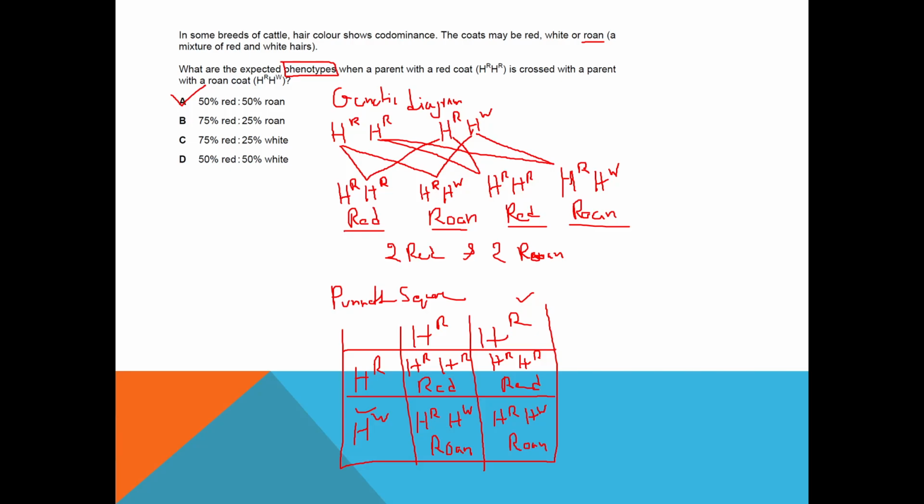Sometimes if they ask you about Punnett squares, they also want you to find ratios. So what's the ratio of red to roan? Very simple. We have 2 red and 2 roan, so the 2 and the 2 cancel each other out. Ultimately the ratio is 1:1. That means the ratio of red cattle to roan cattle is 1:1.